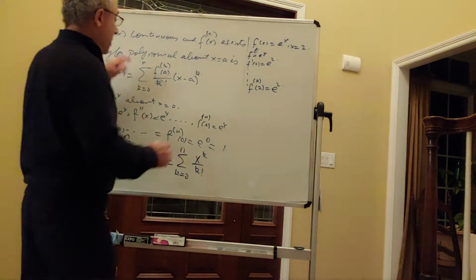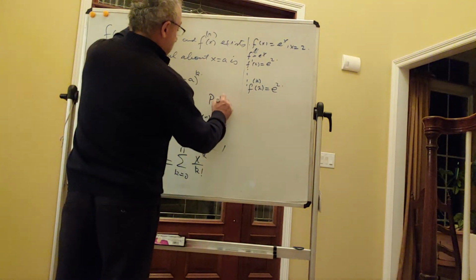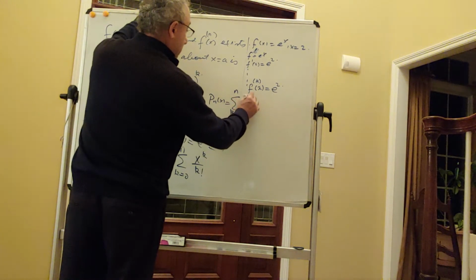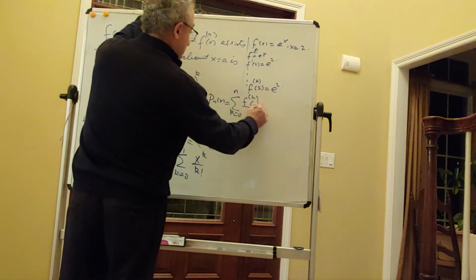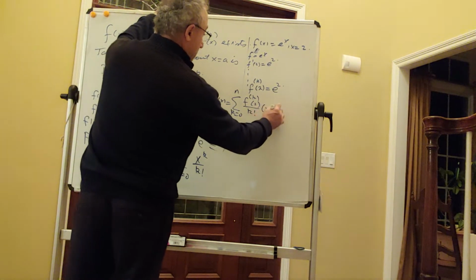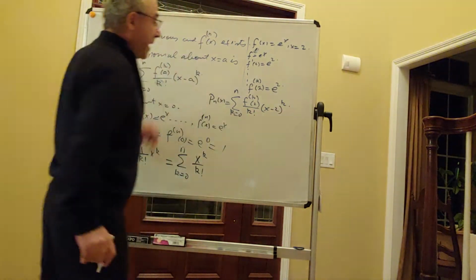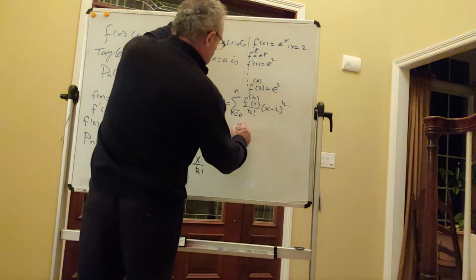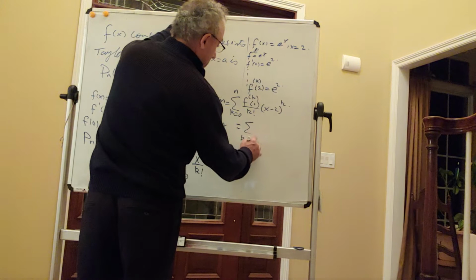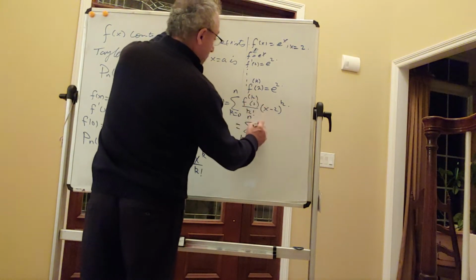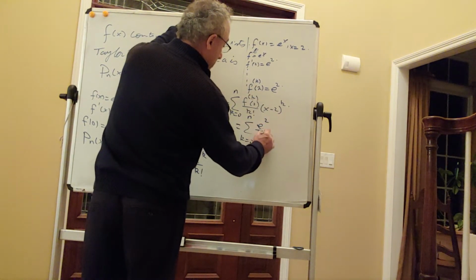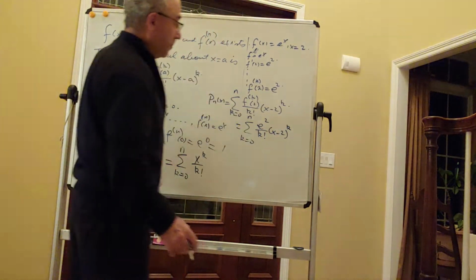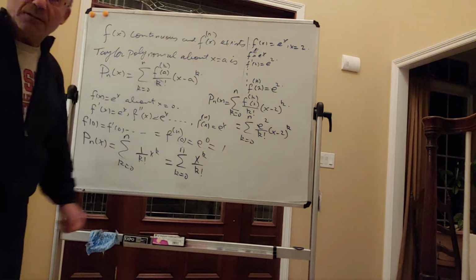And so the polynomial here, P_n of x, would look like this: the sum from k equals 0 to n of f^(k) of 2 over k factorial times (x minus 2) to the power k. And if you put it down, f^(k) of 2 is e to the 2, so it is e to the 2 over k factorial times (x minus 2) to the power k. Okay? You see how easy it is?